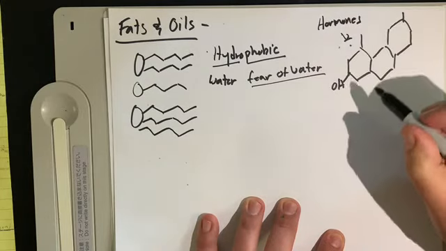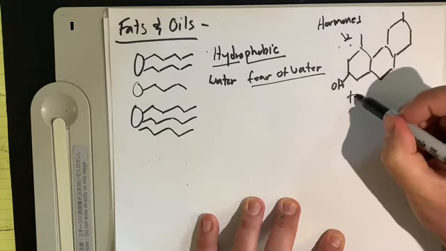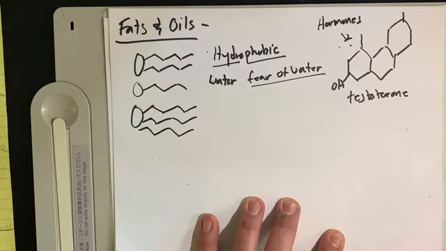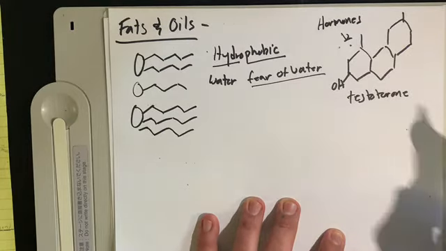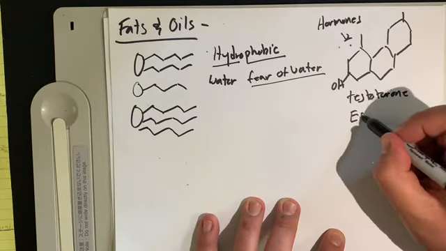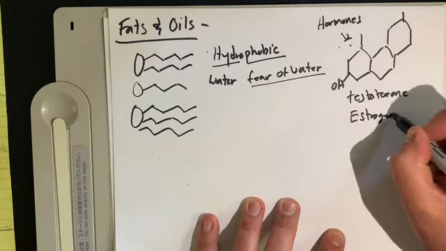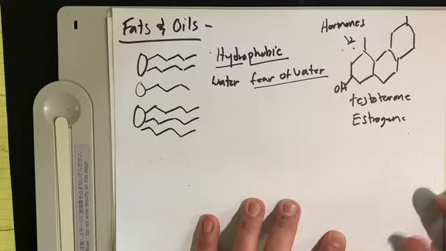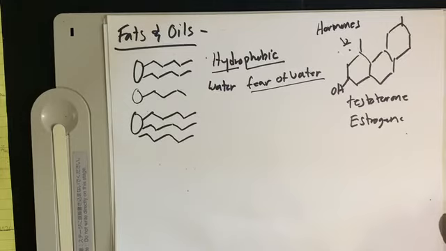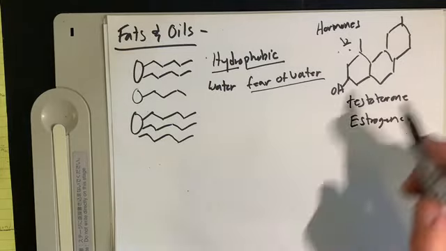And this hormone specifically would be testosterone. And then the interesting thing, if you just switch this OH up to here, then it becomes estrogen. So estrogen and testosterone, even though they're very different in what they do in the body, are very similar in what they look like.